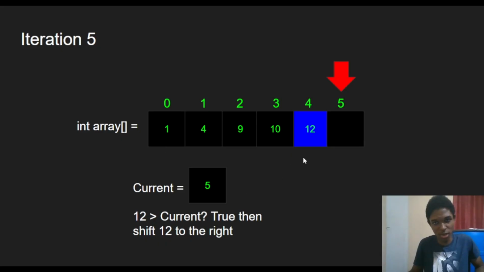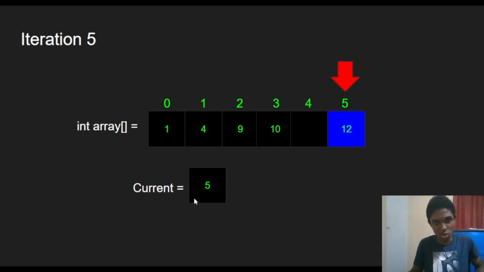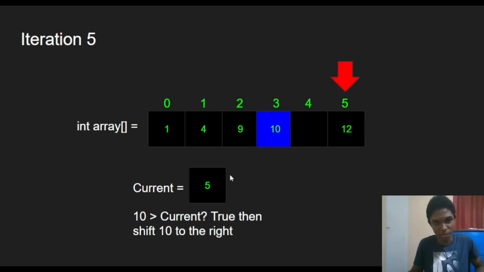True, because 12 is greater than 5, so we'll shift 12 to the right. Now guys, we still have values remaining, so we'll say, is 10 greater than 5, our current? True, so we'll shift 10 to the right.